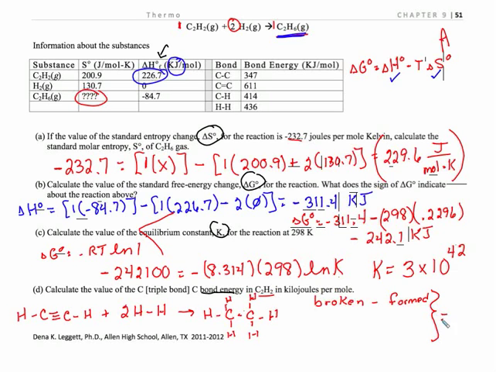And broken minus formed is going to be equal to minus 311.4 because we have the delta H of the reaction way up here. So this is more of an estimate, but it's going to get us a pretty good ballpark. The bonds that we break, that requires energy to break the bonds, we would break 2 CH bonds and 1 C triple bond and 2 HH bonds.